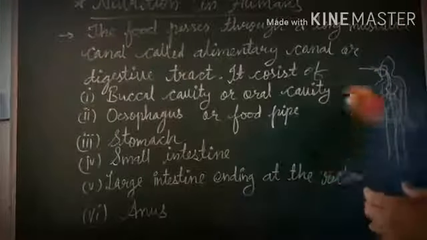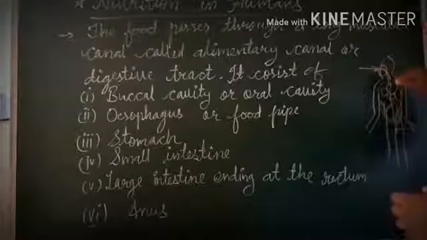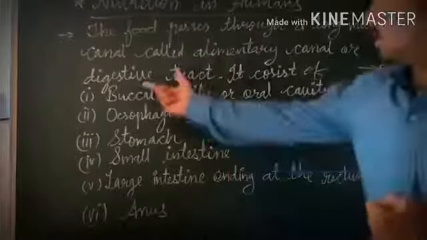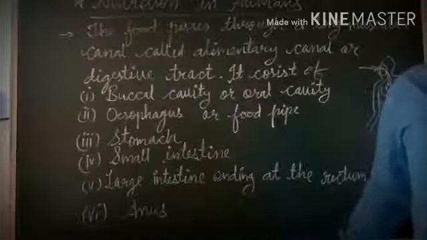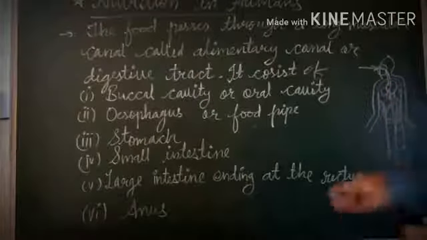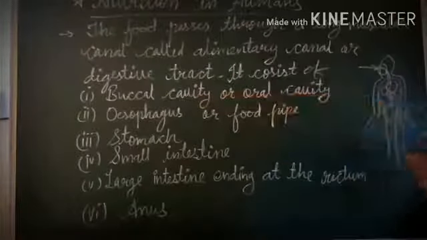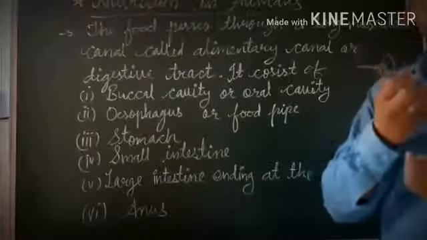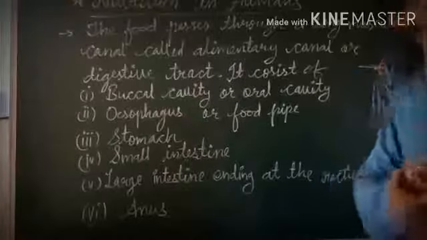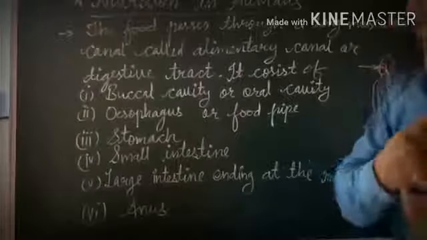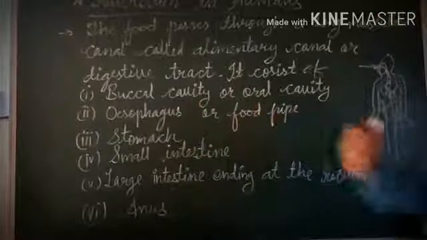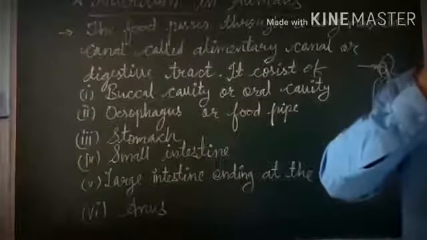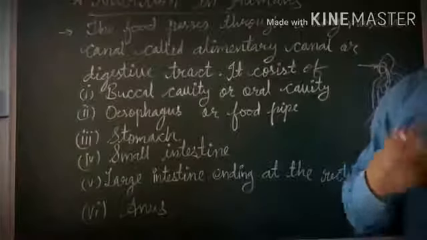This full tract, this full canal, is called the alimentary canal, or we can also say the digestive tract. It has the buccal cavity or oral cavity, where the mouth is and by which we take food. Next is the food pipe, the esophagus. Through the food pipe, food goes from the buccal cavity into the stomach.